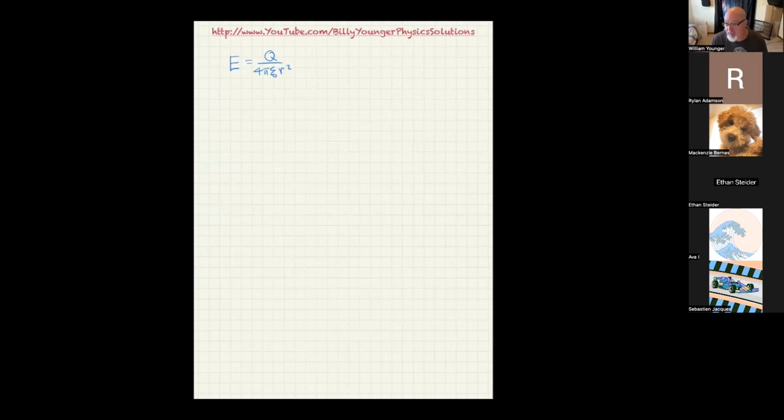That's the magnitude of the formula, right? Ideally, we'd like to make a vector. So I'm going to show you how to make that vector, and I'm going to use the stuff we just figured out.